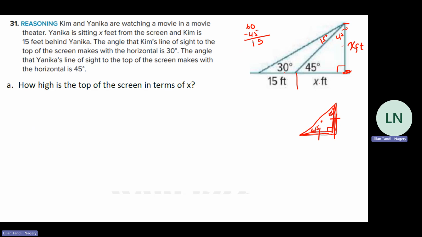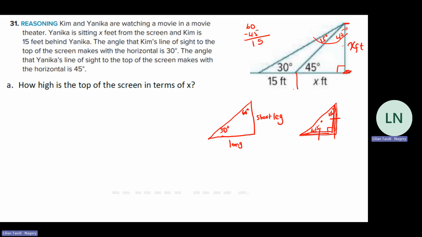So now I'm going to use my 30, 60 triangle. Okay, so let me draw my 30, 60 triangle. So this is 30. So this means this is the short leg. Okay, and that is true because we wrote X. And this is the long leg because this is 60.